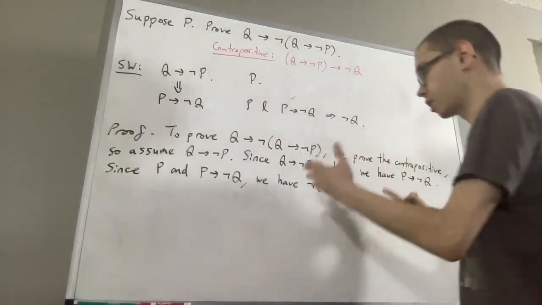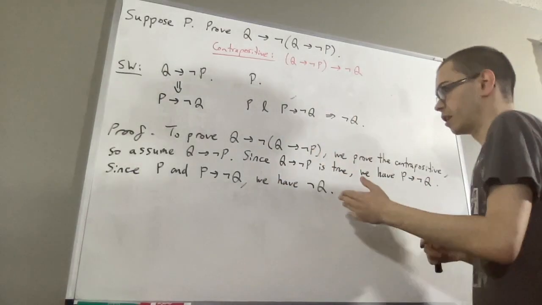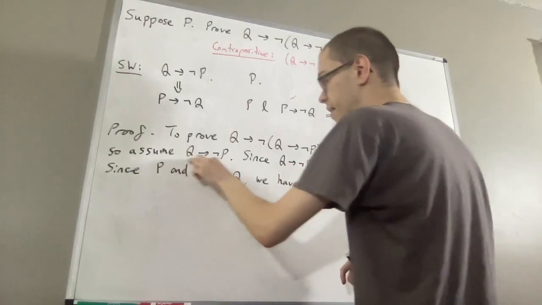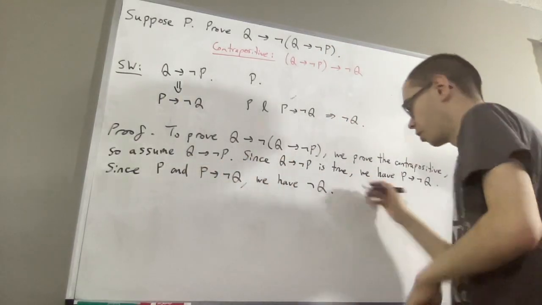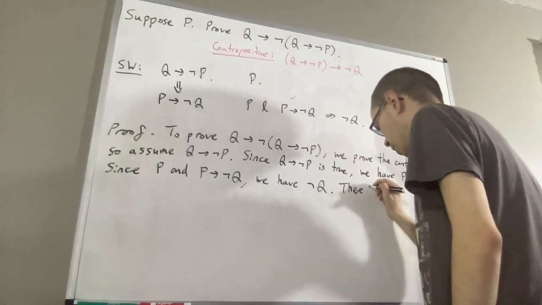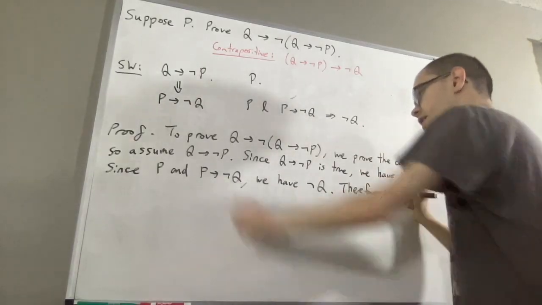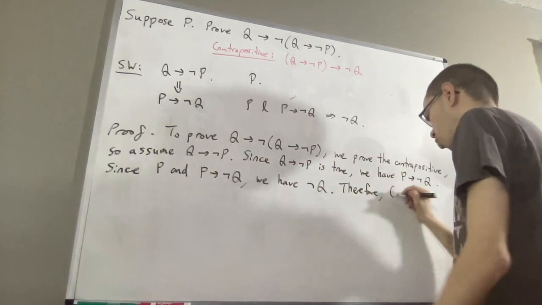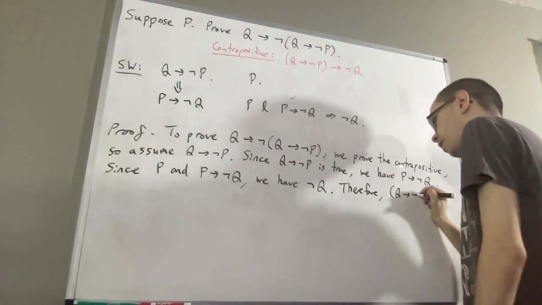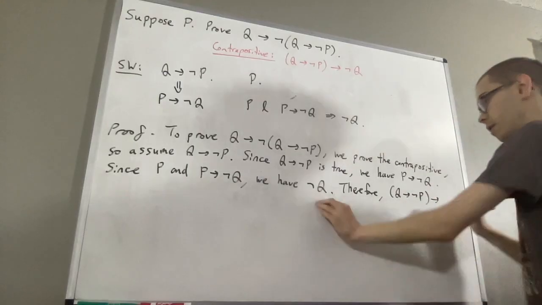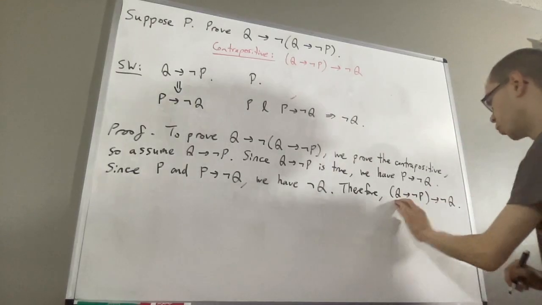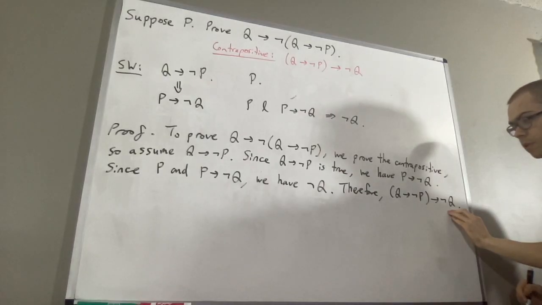All right, so putting this together, what we've done here was, under the assumption that this statement is true, we've logically deduced that not Q is true. So what we're going to write is, therefore, if this statement is true, then not Q is true. So we've proven that this statement is true.